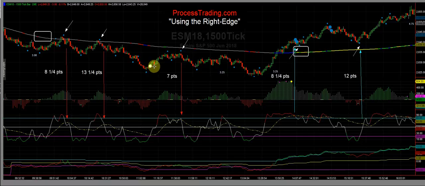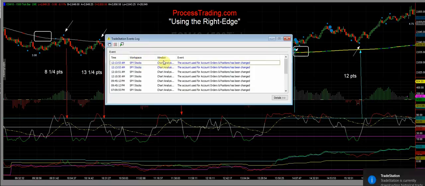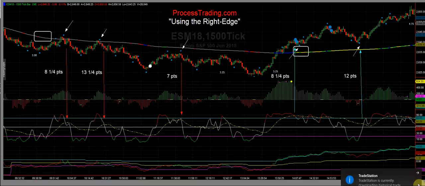Up above those is the price bars with the timing alert dots that are both above and below the price bars, and then you have the Process Trading VWAP line with its indications of red and green. The VWAP line itself is going to either be gray for when you can take short trades, or yellow when it's in an uptrend and you can take long trades.